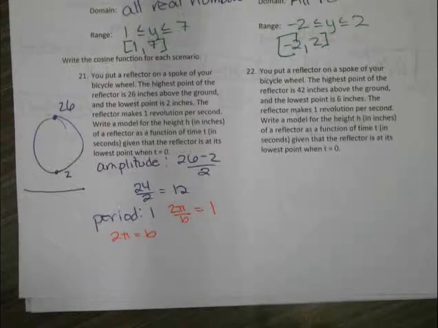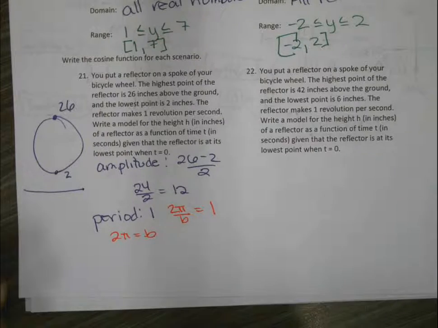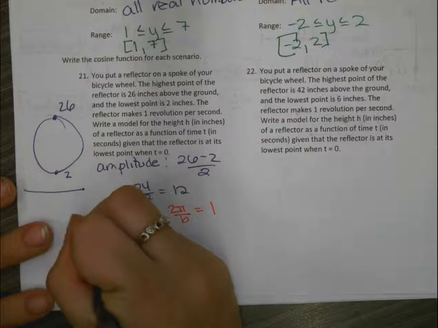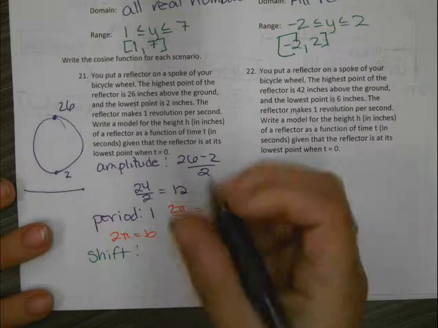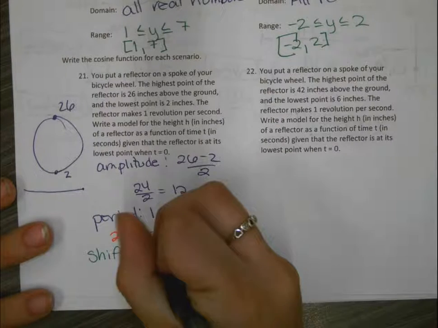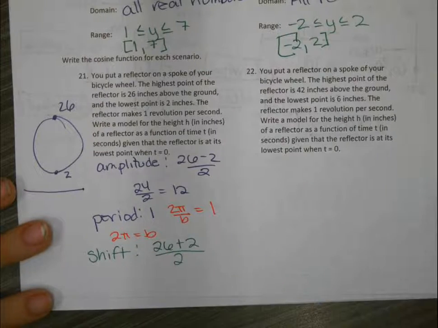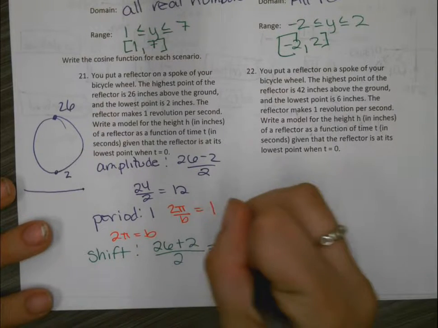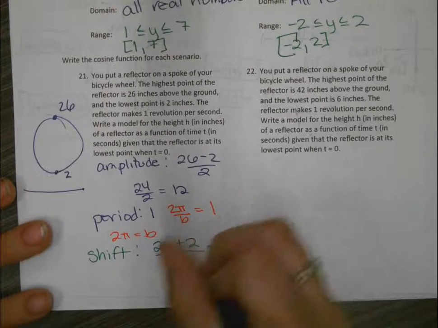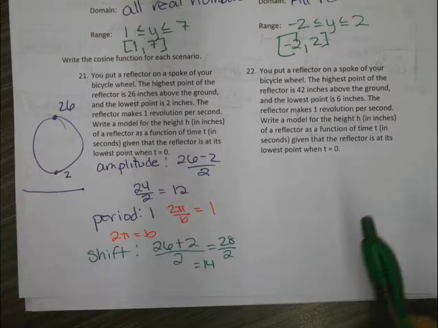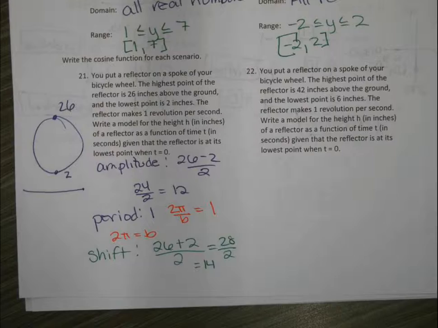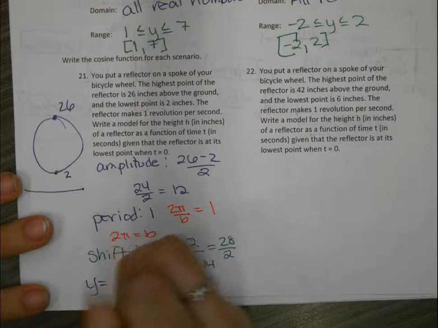And the final thing I need to find is my shift up or down. So it's similar to the amplitude. Ooh, this is why I was getting confused. I add the two numbers together. So I do 26 plus 2 divided by 2, which is 28 divided by 2, which is 14. Okay, then I get y equals 12.